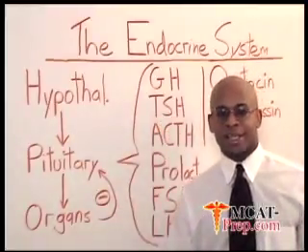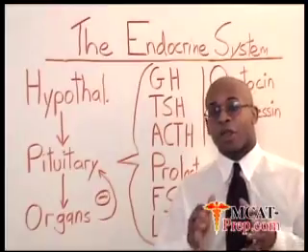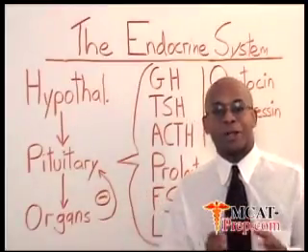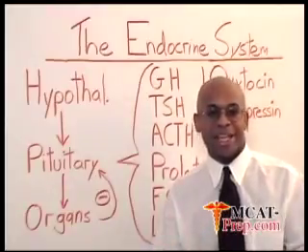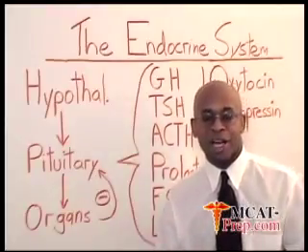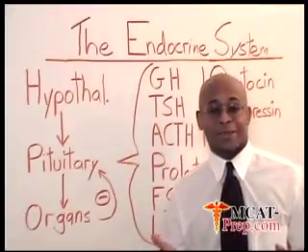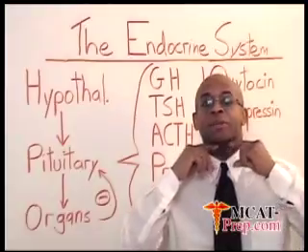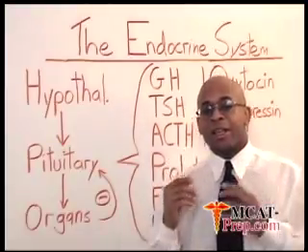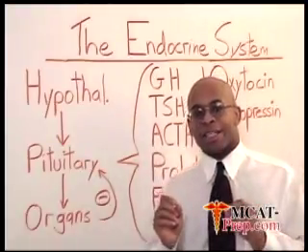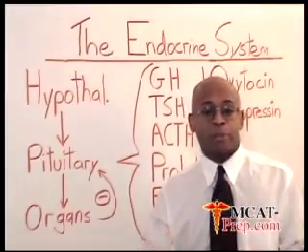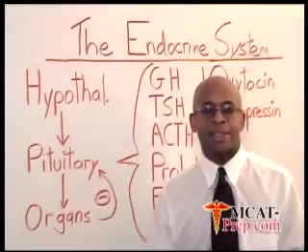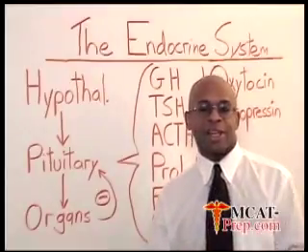Next, there is TSH. TSH is thyroid stimulating hormone. So clearly, thyroid stimulating hormone goes to the thyroid gland and stimulates the thyroid gland. The thyroid gland is kind of interesting because the thyroid gland is located in your neck and it's shaped like a bow tie. So in the thyroid gland, there are a couple of hormones that are important, but the most important hormone secreted by the thyroid gland is thyroxine.